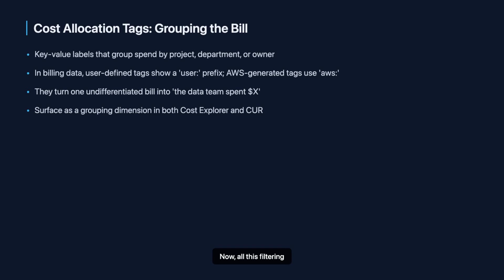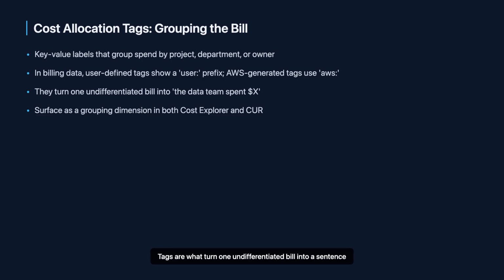Now, all this filtering and grouping only works if your spend is labeled, and that's what cost allocation tags do. They're key value labels that group spend by project, department, or owner. In your billing reports, user-defined tags appear with a user colon prefix to distinguish them from Amazon Web Services generated tags, like AWS colon created by, and that prefix is just how Cost Explorer and the cost and usage report label them, not something you'll see on the resource tag itself.